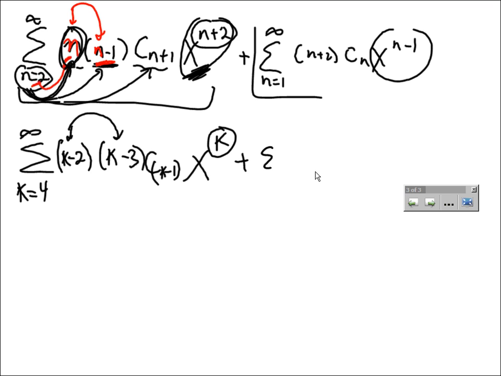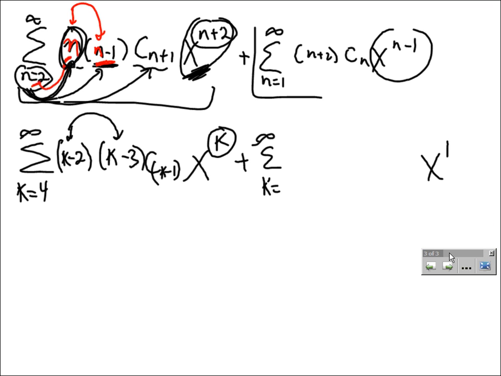Now we play the same game for this one. The summation as k starts at some number and goes all the way to infinity, and we want it to be times x to the k. Well, when n is 1, that power will be 0. What should k be so it's 0? K starts at 0.